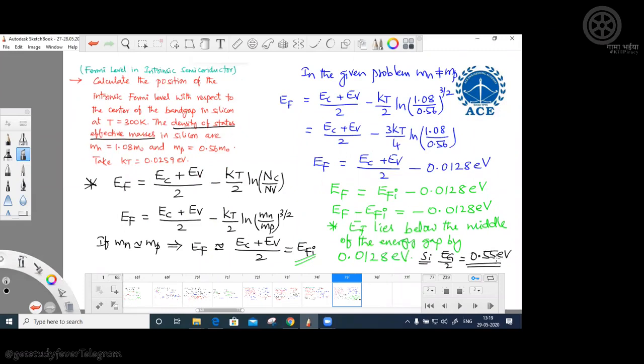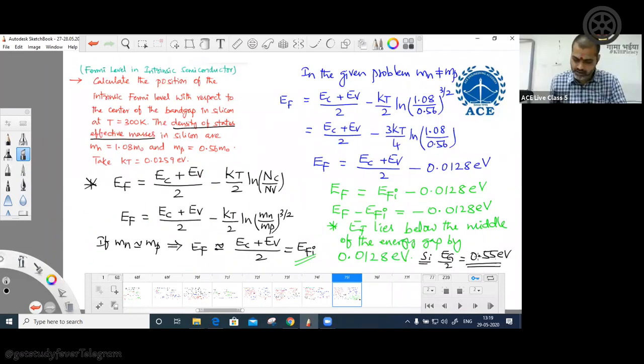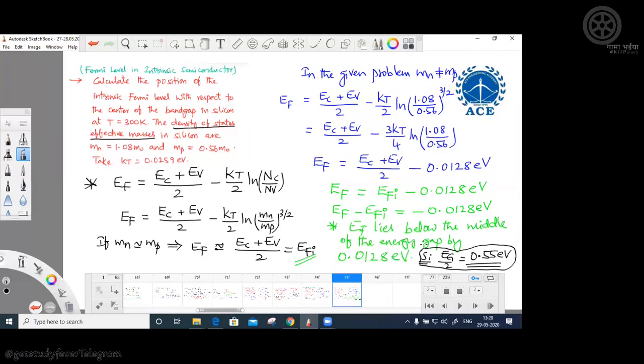You neglected the 0.0128 electron volt, sir. Which one have I neglected? This is an example I have taken to compare the energy gap of silicon. It is 1.1 electron volt. Half of it is 0.55 electron volt. It's not related to 0.018. Okay, fine, sir.